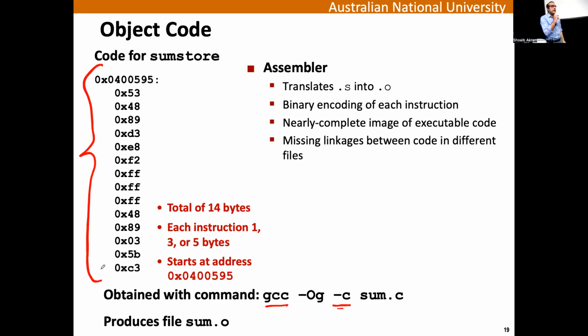Here, for sum.c, when I produce the object code, it looks like this, 14 bytes starting at some address. We cannot really tell, well, we can tell, but we have to work really hard to tell what these bytes really are. At this point, we are very far from the high-level language and assembly.